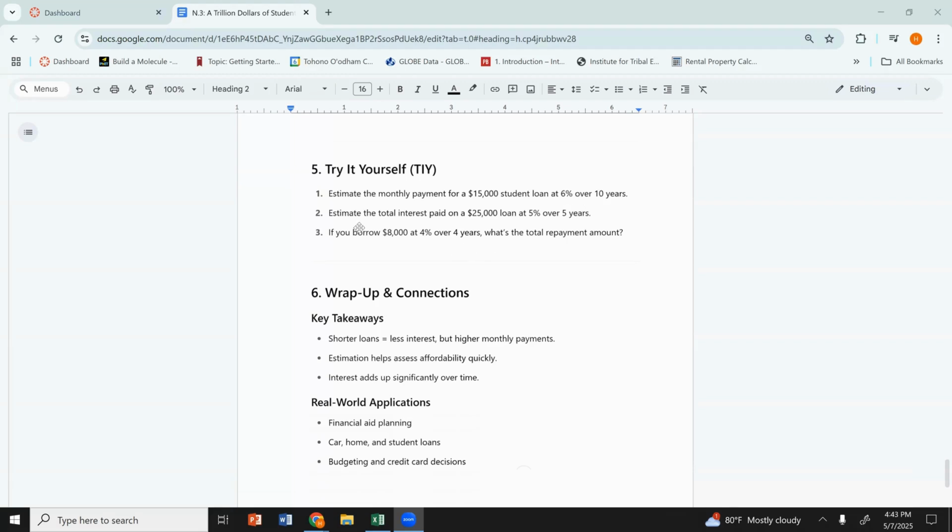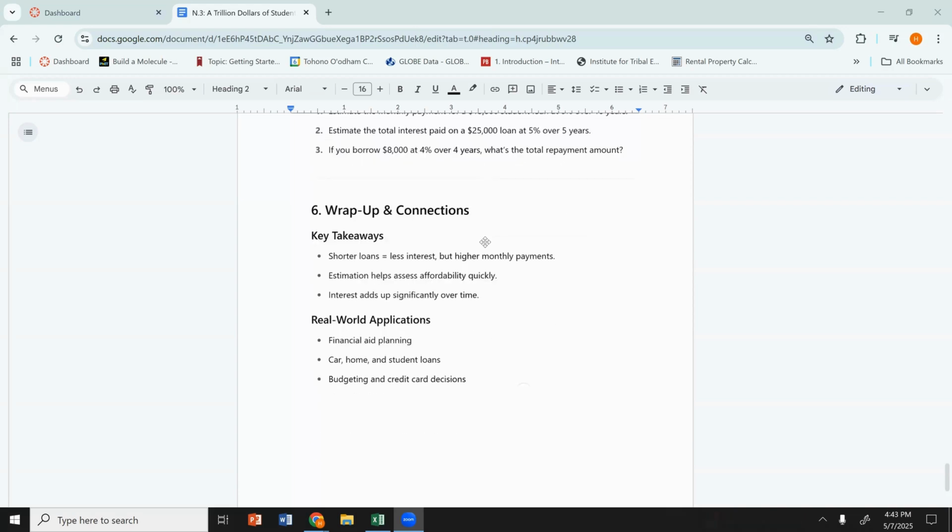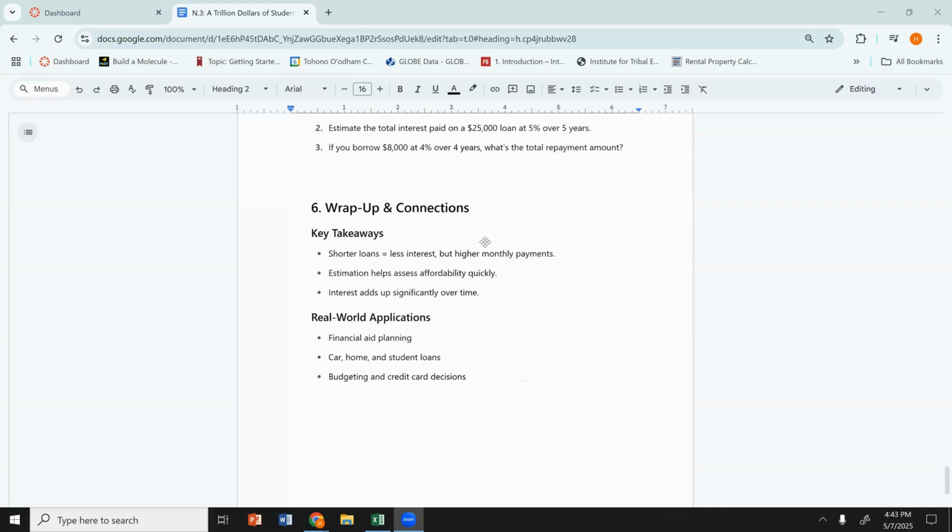And also estimate the total interest paid on a $25,000 loan at 5% over 5 years. If you borrow 8,000 at 4% over 4 years, what is the total repayment plan? So make sure you pause this video, walk through those examples, and see what your answers are.